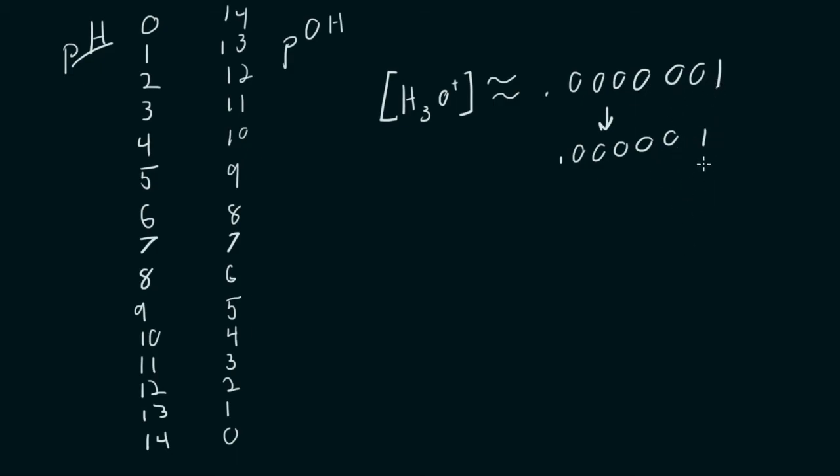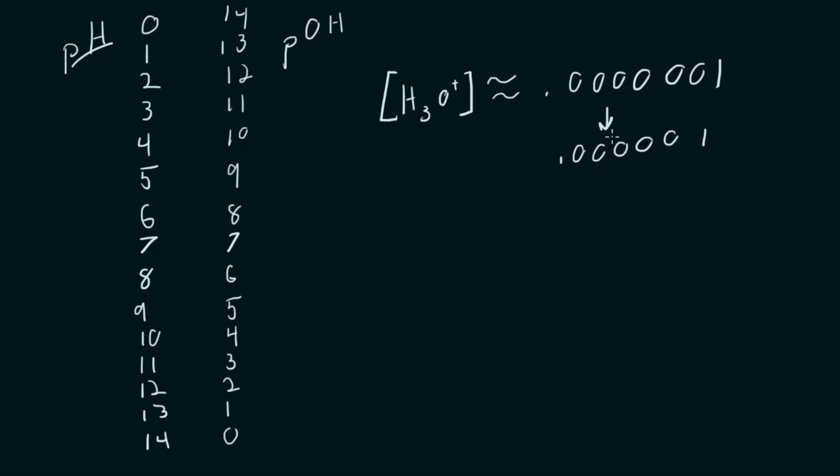This subtle change could have huge impacts on a solution and really the organization of a lot of different organic molecules. We will see that a few times. We have a lot of interesting chemicals that will change color with the slightest change in pH.